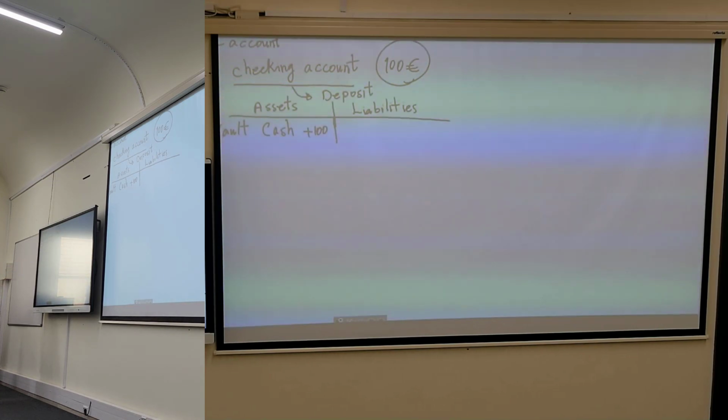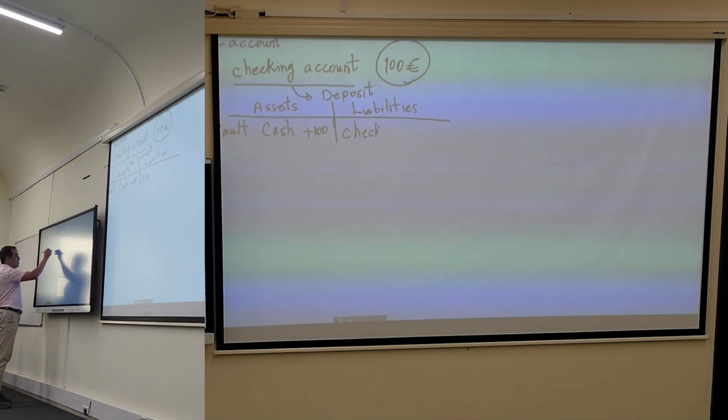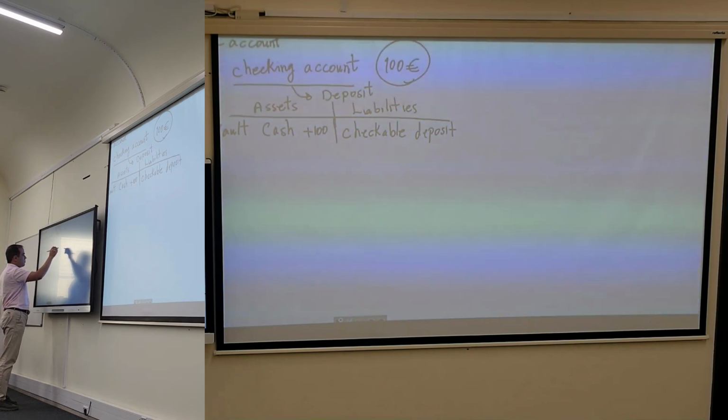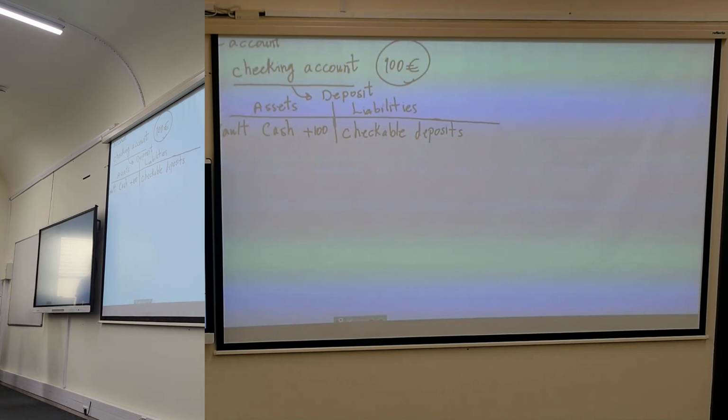And then vault cash is also part of the bank's reserves, right? But before that, on the liability side, we will have the checkable deposits, because the money that I put there for the bank would be a kind of liability, and that is also 100.